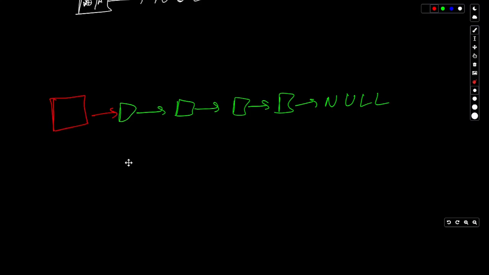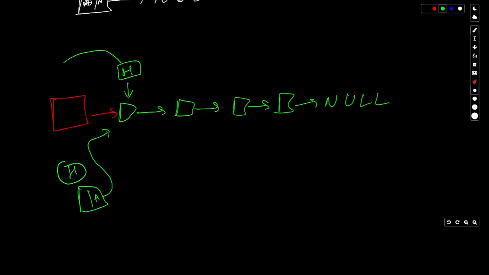So what changes are we doing? At first, our head will be at the very first node of this particular linked list, and then all we have to do is make a particular node and assign its address to the very first node in the linked list. And the second thing that we'll be doing is changing our head, from the first node to the node that we have attached at the beginning.